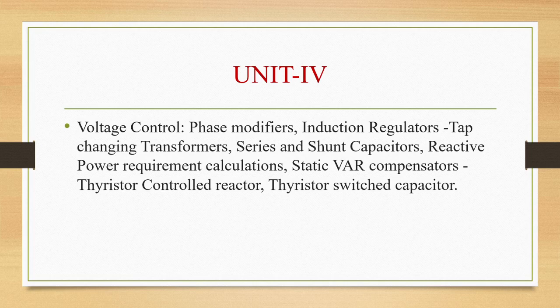For industrial purposes it can be three phase voltage. For single phase we can take voltage as 240 or 230 volts. Now whatever voltage they are giving, like 240, then plus or minus 6% of this voltage will be given to the consumers. Okay, if it is 440 volts three phase, that is for industrial purposes, then 440 plus or minus 6% of voltage will be given to the consumers.